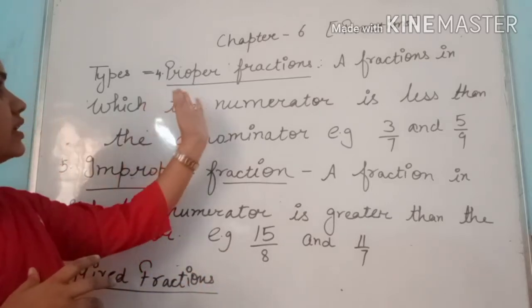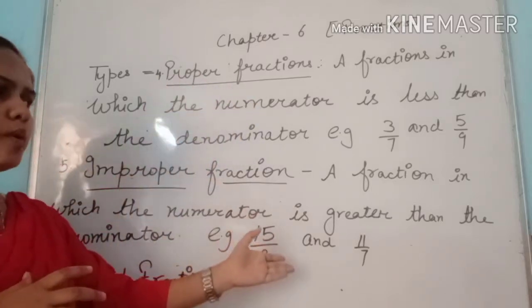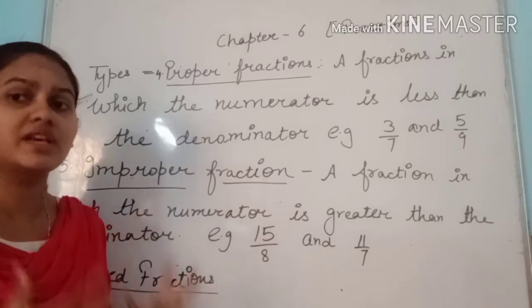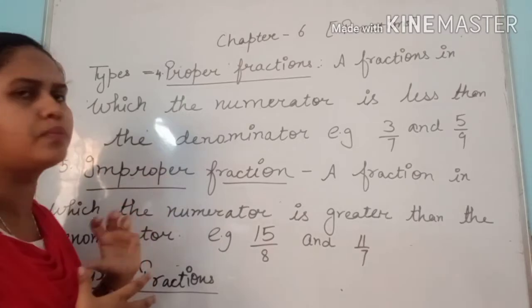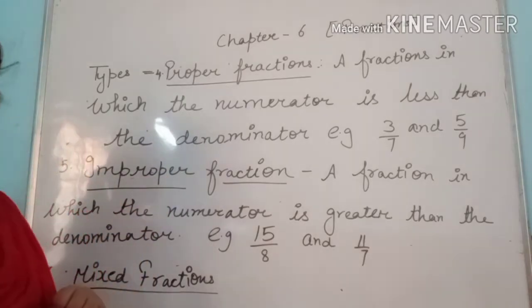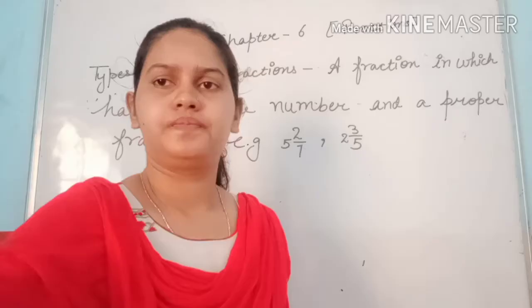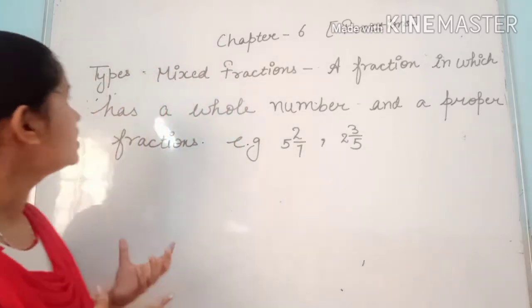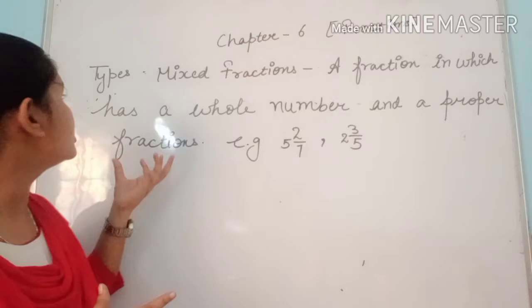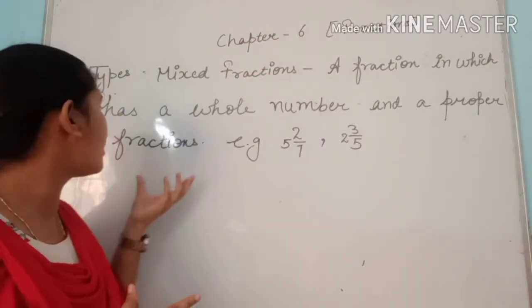So as we learned proper fraction and improper fraction, now we are going to learn about mixed fraction. What is mixed fraction? Mixed fraction is a combination of a whole number and a proper fraction.